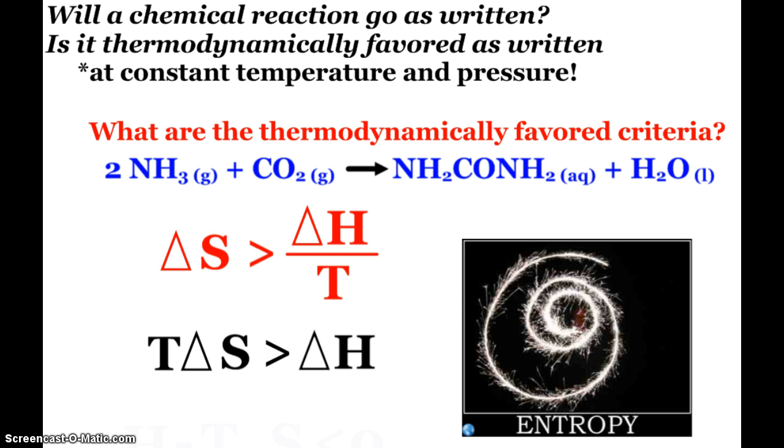All right, so we keep going back to this. Will a chemical reaction go as written? Is it thermodynamically favored as written? And of course, at our constant temperature and pressure.